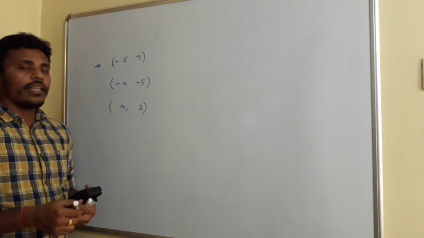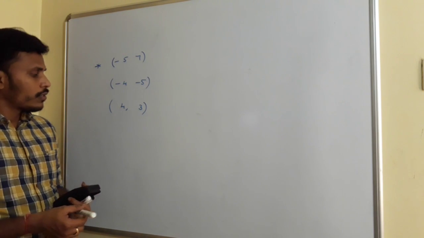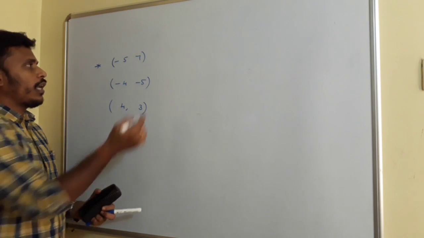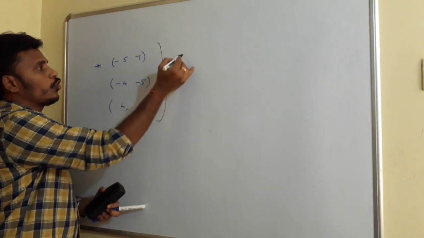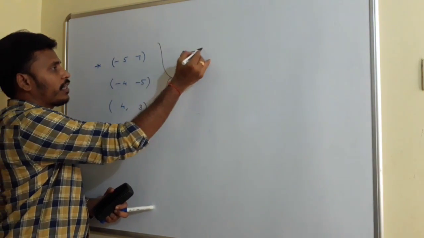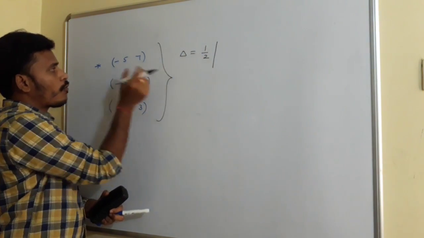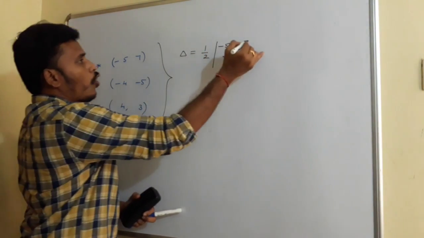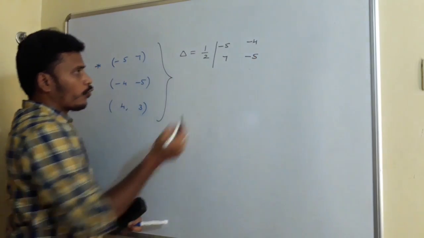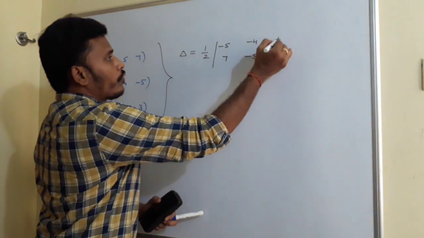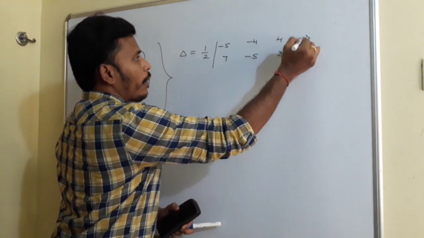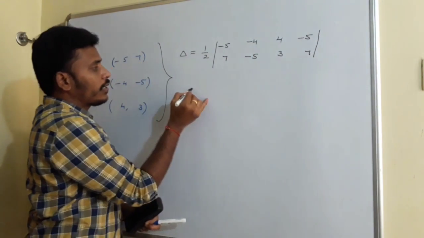What is the area formed by these 3 points? If you go with the usual technique, first I am finding the area formed by these 3 points, where the area represented by delta is equal to half modulus of the coordinates of the first point minus 5 comma 7, the second point minus 4 comma minus 5, the third point 4 comma 3, and again the first point minus 5 comma 7.